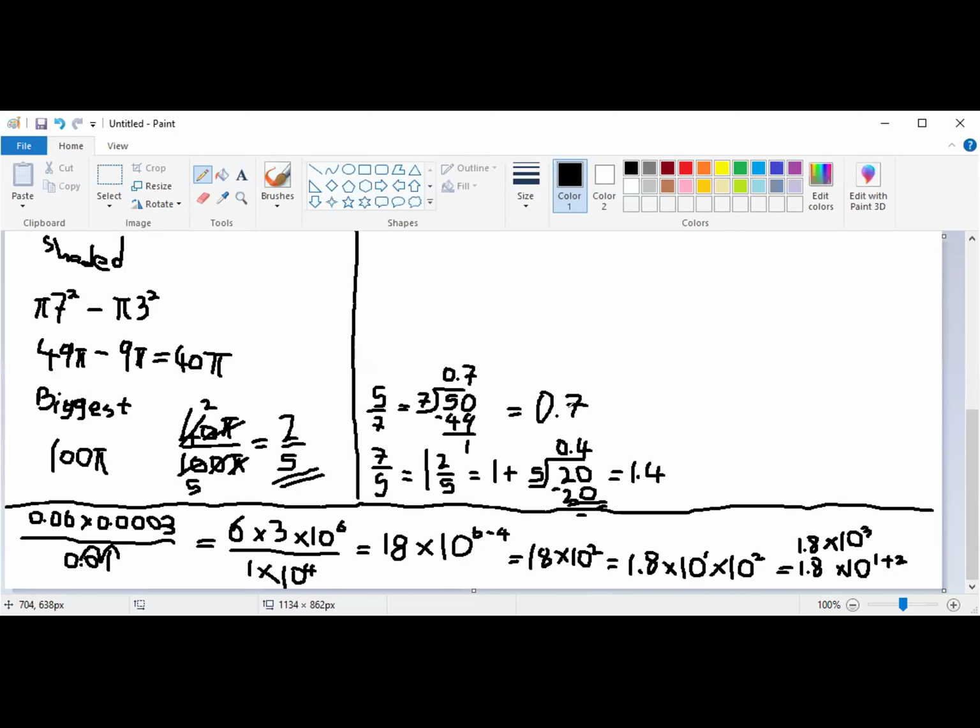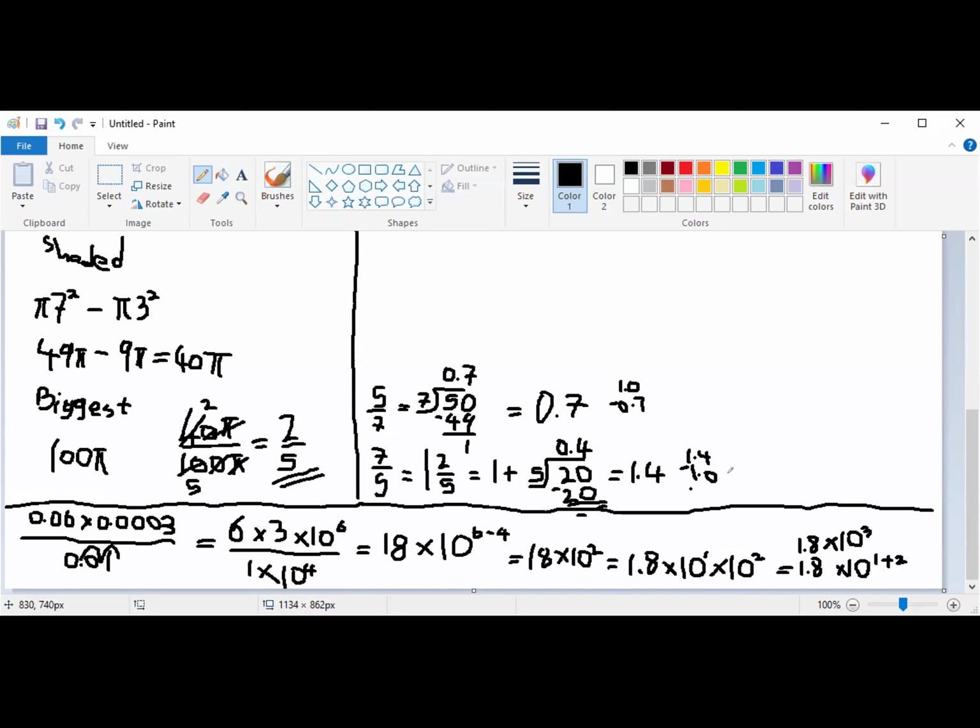So, looking at this, if you want to establish it, you can come here and say, find out the difference. 1.0 minus 0.7, right? And for this one, because it is bigger than 1, we're going to be saying 1.4 minus 1.0.